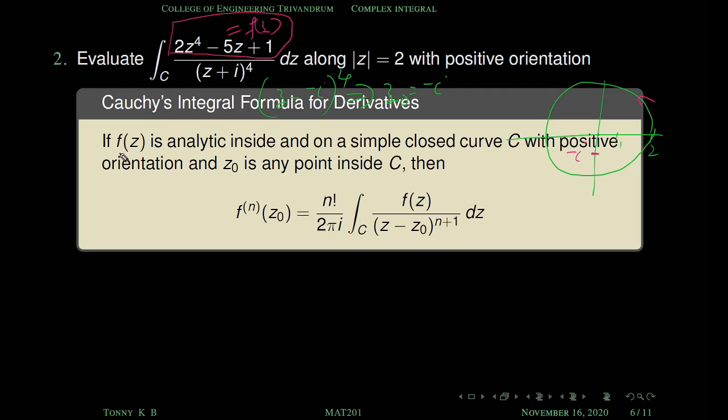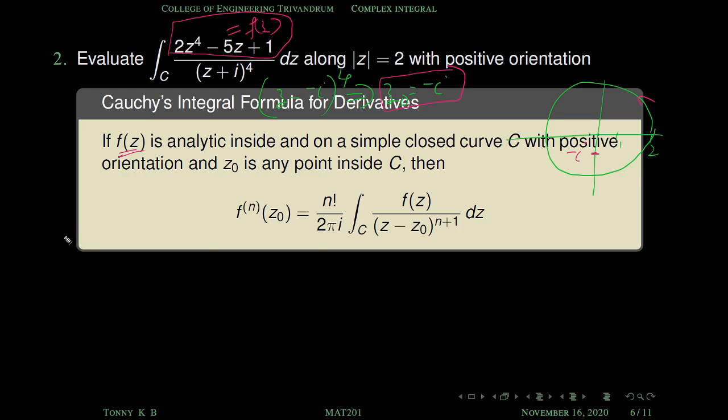So f of z is analytic inside and on our simple closed curve C, which is positively oriented, and z naught is minus i, which lies inside C. Then we can find this integral using this formula.